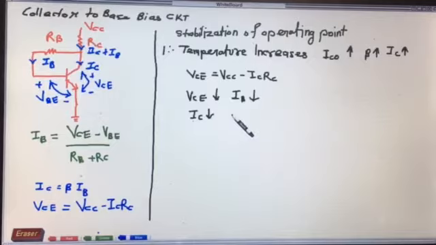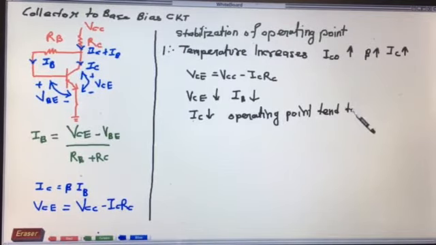From here the operating point tends to stabilize. Again, let us discuss.